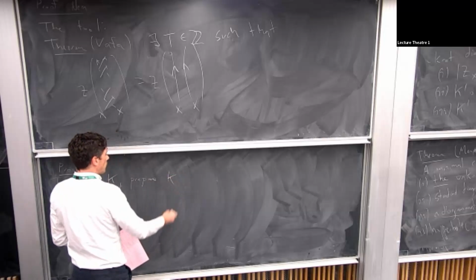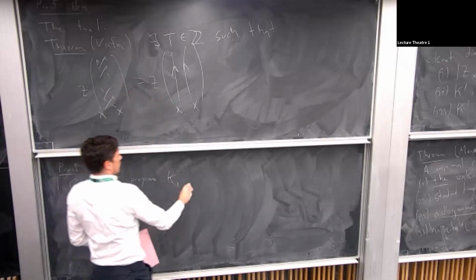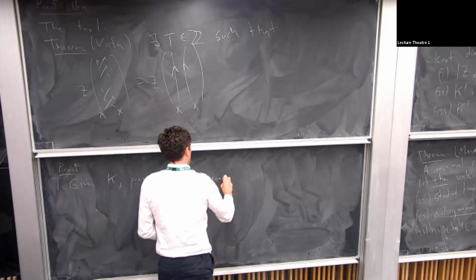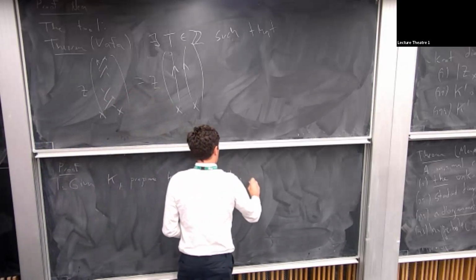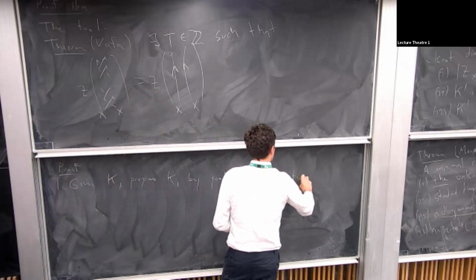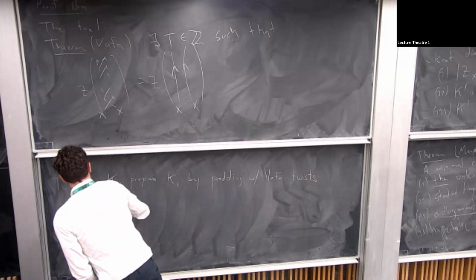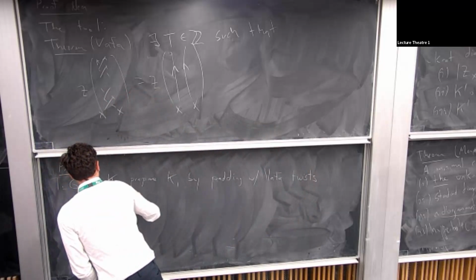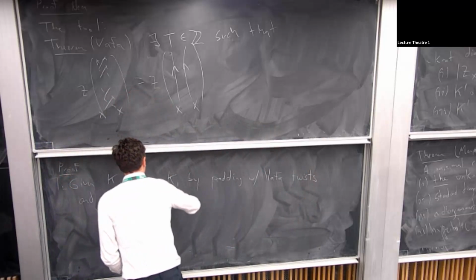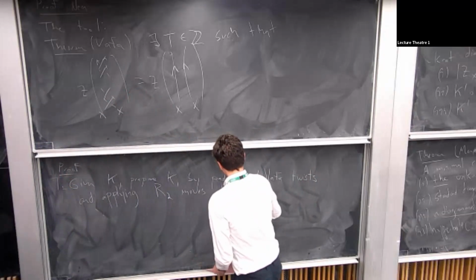Maybe I'll call it K1, by inserting twists, maybe we call these Whitney twists, and applying Reidemeister 2 moves to get an alternating diagram.